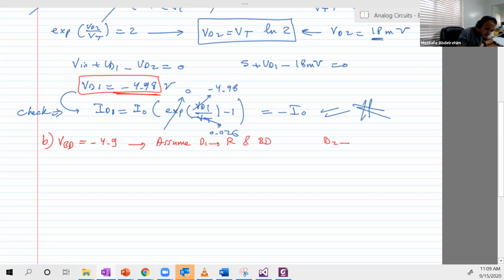D2 still forward. Forward means positive voltage, positive current. That's it.